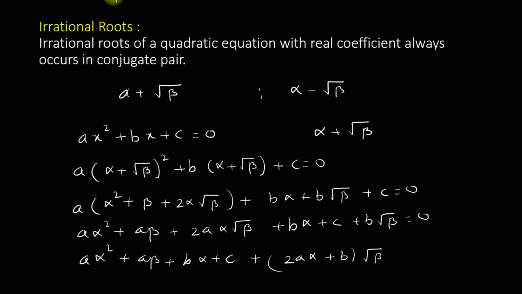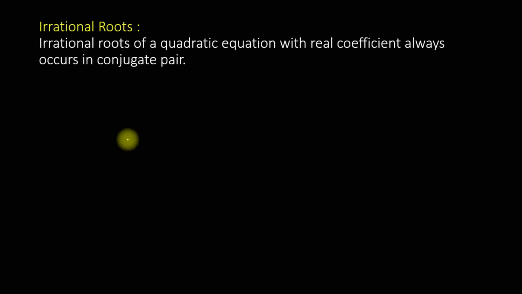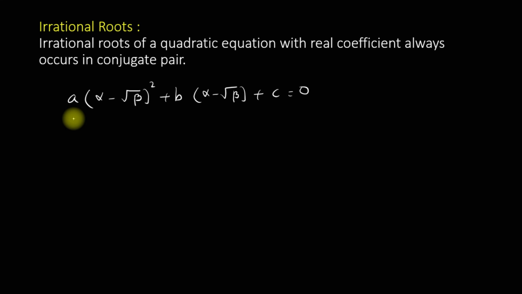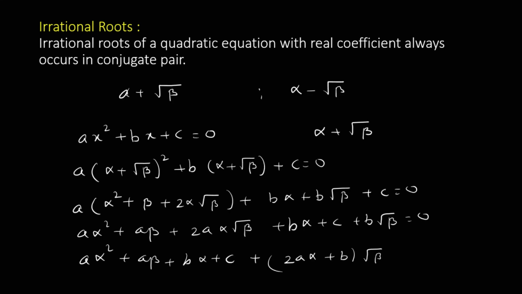So we can write here a(α − √β)² + b(α − √β) + c = 0. In the previous section this is equal to 0, so the rational part must be equal to 0 and the irrational part must be 0.